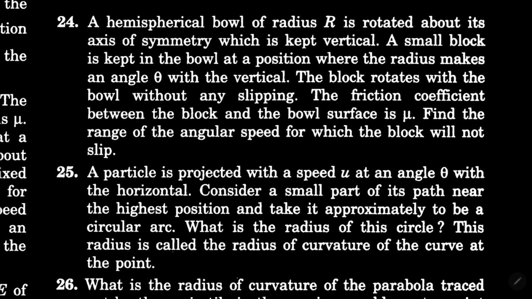In question 24, a hemispherical ball of radius r is rotated about its axis of symmetry. Now find the range of the angular speed for which the block will not slip. So this is 24. Let's draw the free body diagram. One object like this.